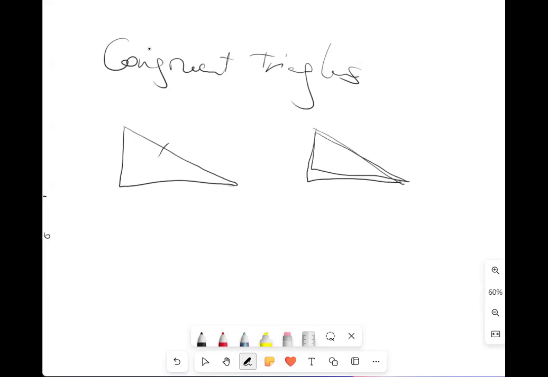So this side will be equal to that side, this side equal to this side, this one equal to that. Angles must be the same. If two triangles are identical in every way, we refer to them as congruent triangles.